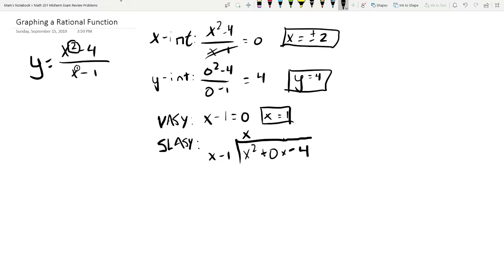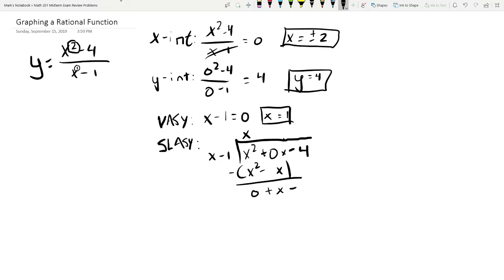Then we take the x times x minus 1, get x squared minus x, and we have to subtract that. Notice we subtract the whole thing, so when we subtract the negative x, that turns into a positive x. So we get x squared minus x squared is 0, and 0x plus x equals an x.